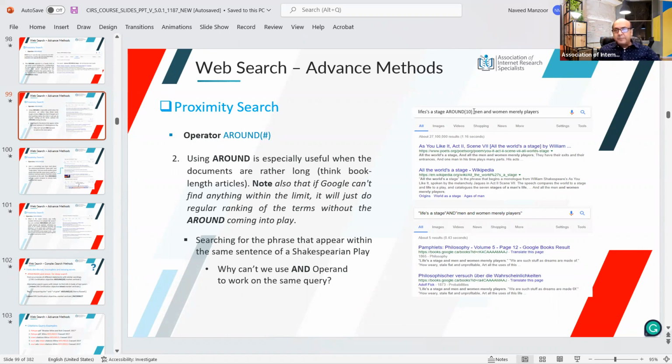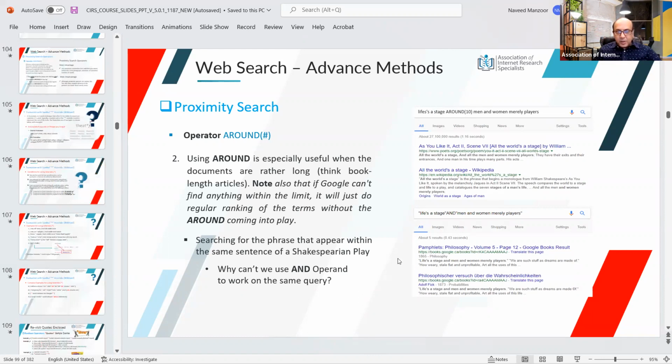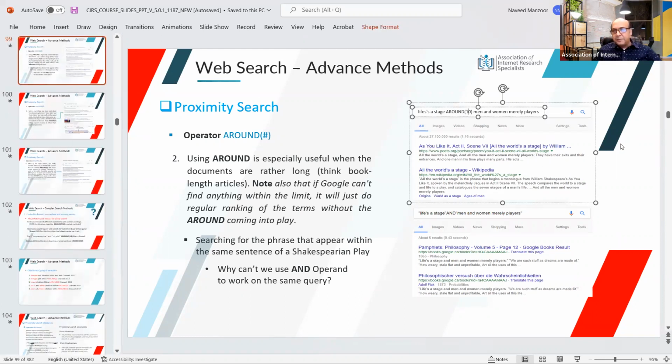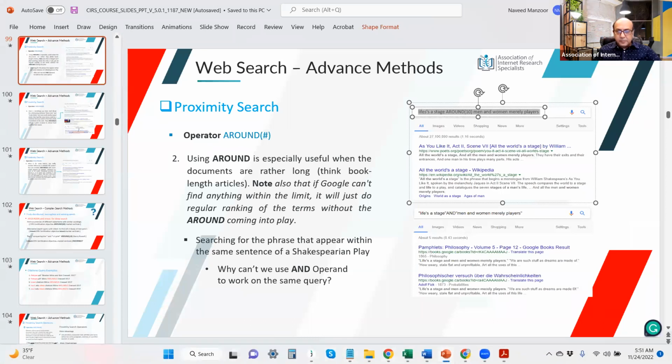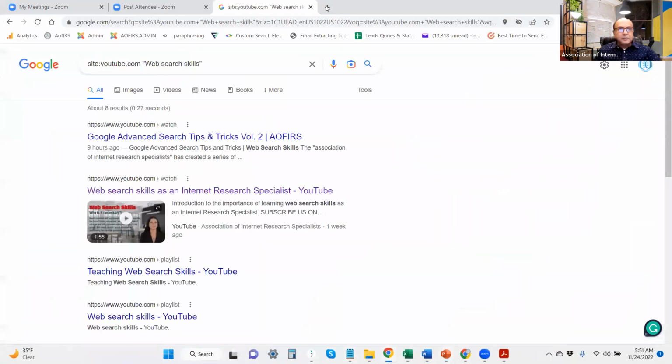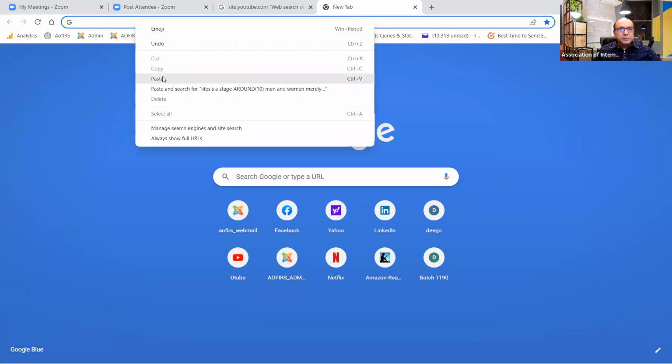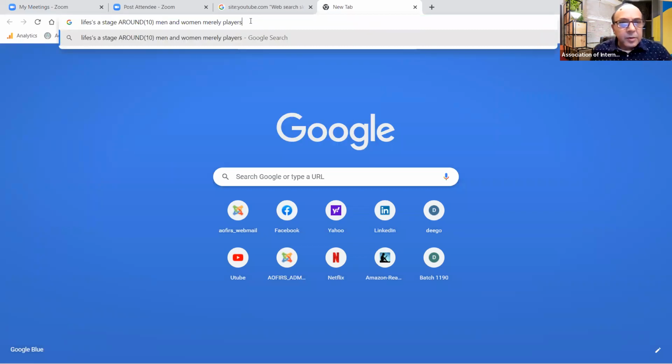In other words, if I life's a stage around 10, I have to write the whole thing. I don't want to do that. Can try that. Because I don't have that. It's actually, let me see if I can copy. I can. Hold on. Let me try it. This sounds about right.